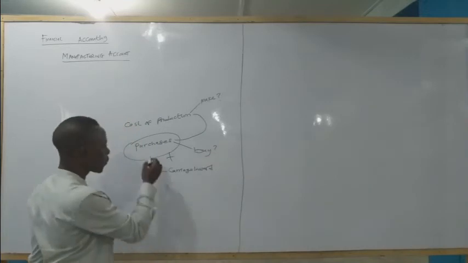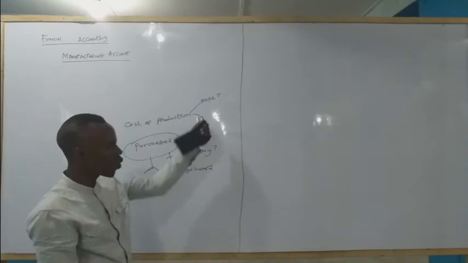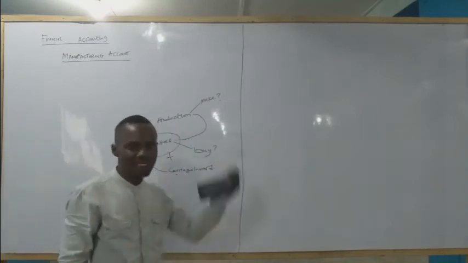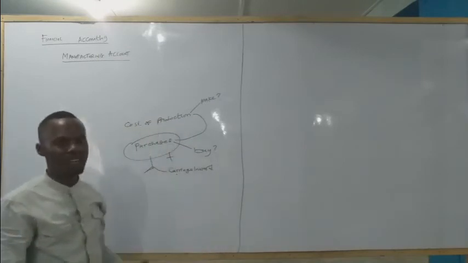So if our purchases plus carriage inward is higher than the cost of production, we choose to make it, because that is more cost effective than buying outside.